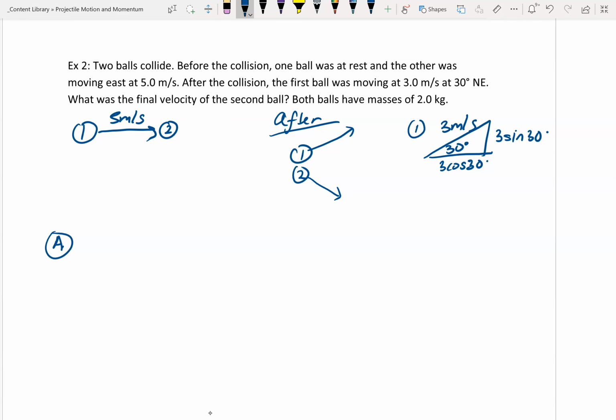The first thing we're going to do is look at each of these two masses in its x and y component for momentum, for the initial and then for the final. So we'll look at our first mass, the first ball.